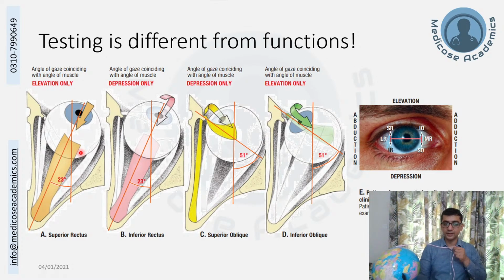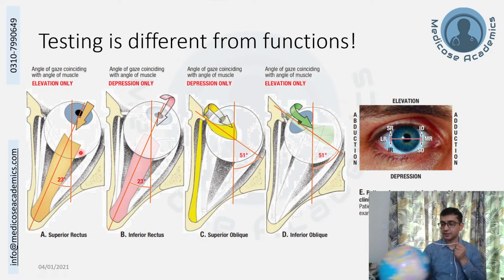It is shown in the first picture, picture A, the one in orange, where my pointer is. Although looking laterally, abduction is not a function of the superior rectus, when we are looking laterally, the superior rectus is parallel to the long axis of the eye, and it will be the chief elevator.